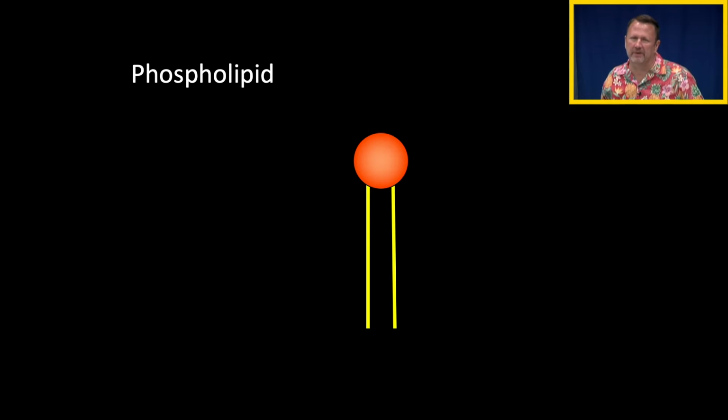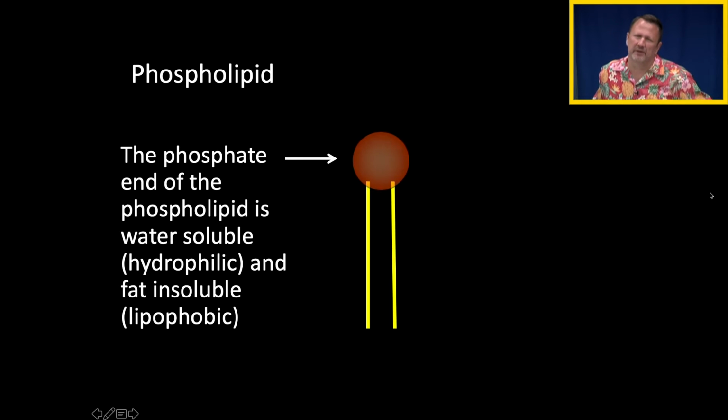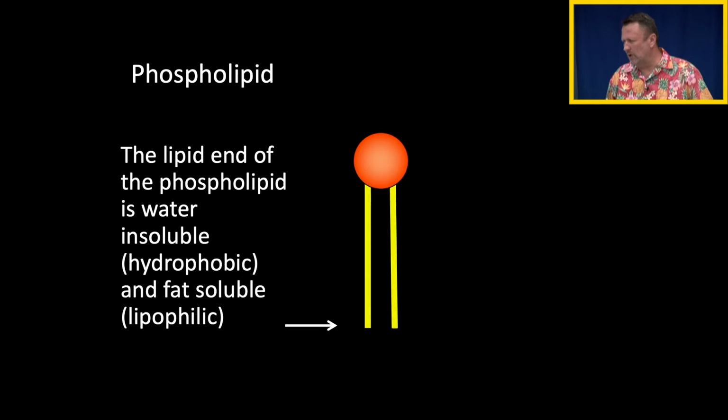All right, well, the amazing thing about a phospholipid, it's very similar to a detergent, is that one side is very water soluble and one side is very fat soluble. And so the phosphate end of the phospholipid is going to be very water soluble, which means hydrophilic. Fat insoluble, lipophobic, means the same thing. And so this is the end that's going to want to point towards the water.